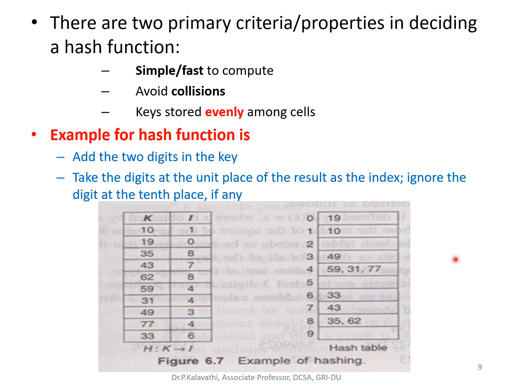So this is called a collision, but we have to avoid this collision, and later in the presentations we are going to see some techniques for avoiding collisions. Similarly, location 8 needs to store two numbers, 35 and 62.